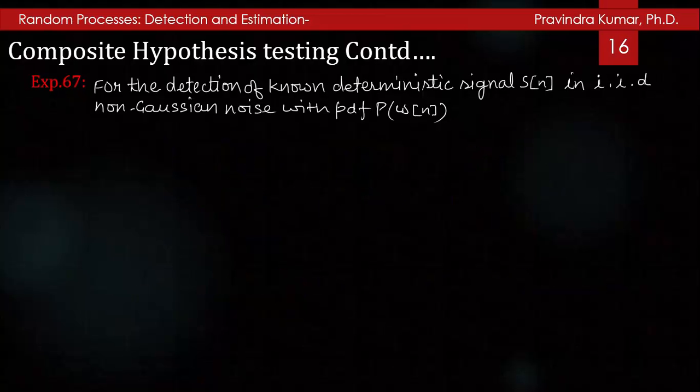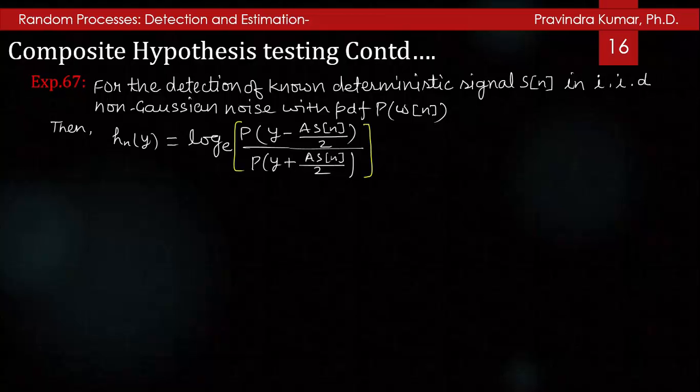For the detection of a non-deterministic signal s[n] in independent identically distributed non-Gaussian noise with PDF omega[n], here h(y) will be log e P(y minus A s[n] by 2) divided by P(y plus A s[n] by 2).